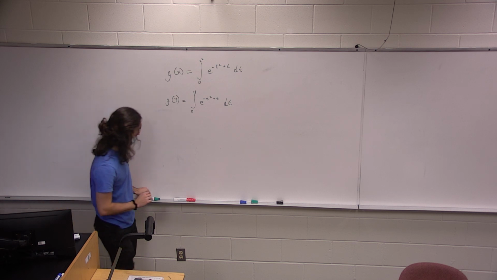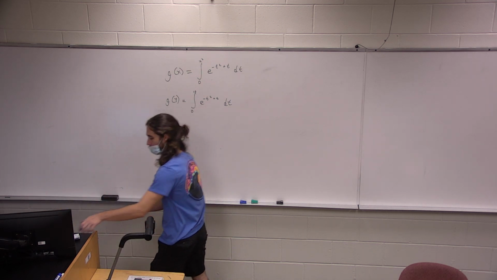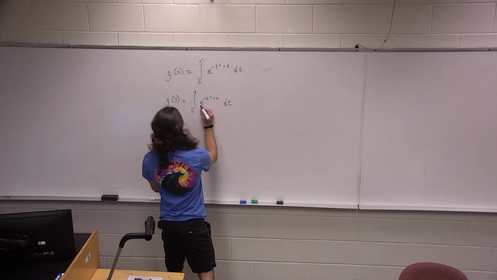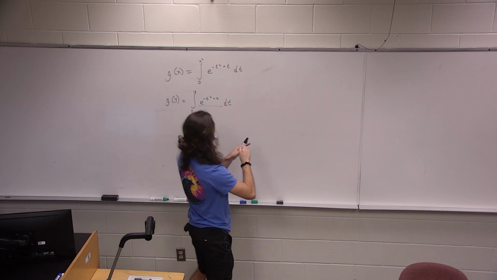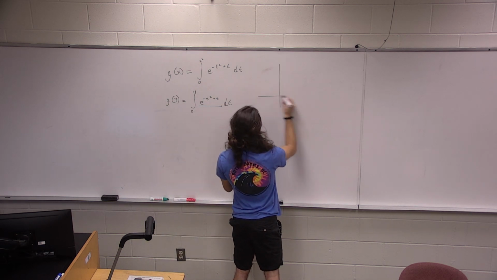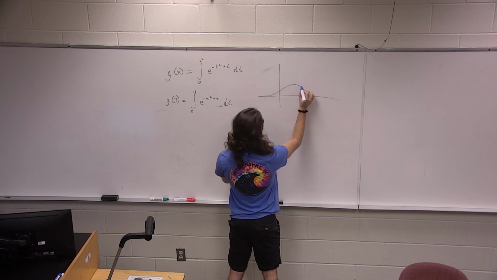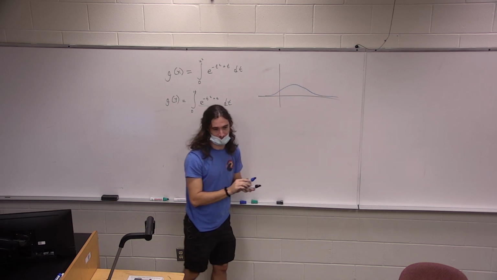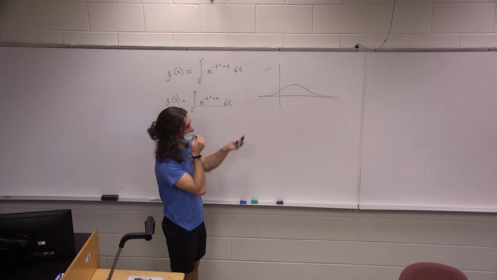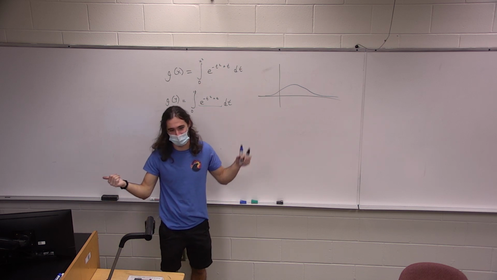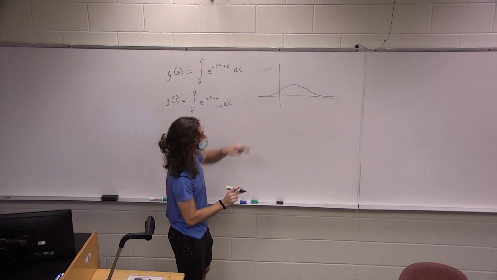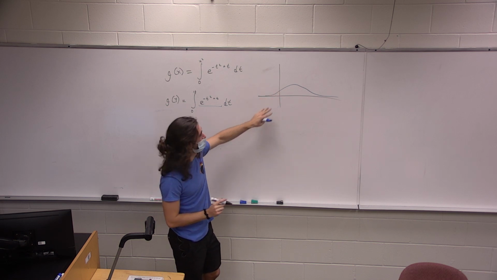It turns out it looks like this. You do not need to know this, but just to help us visualize what's going on, I want to draw it accurately rather than draw a random curve. You don't need to know what the curve looks like to answer this problem.